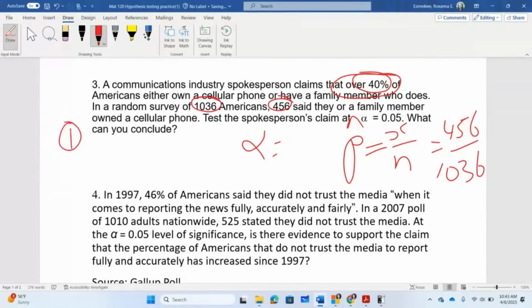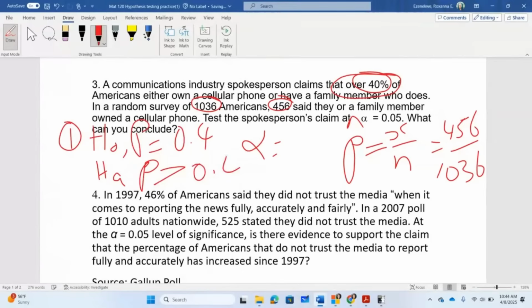So null hypothesis: P is equal to 40%, 0.4. Alternative hypothesis for one tail right, P is greater than, because it's over, greater than. So this is only one tail test.